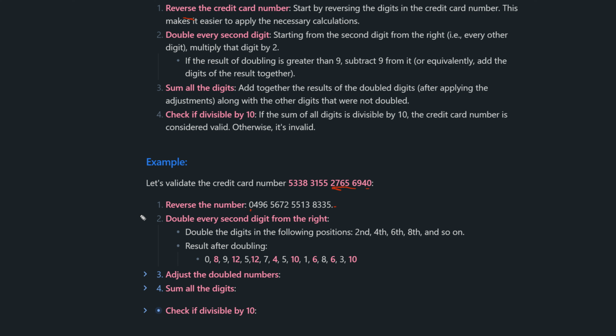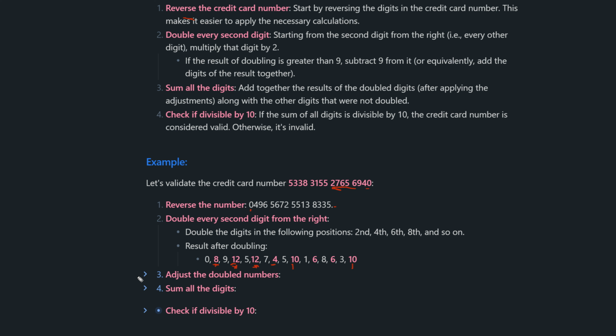So doubling 4, 6, 6, 2 here, and then we can see the result after doubling. Every pink number is doubled, and as we can see here we have 12, 12, 10, 10. So these numbers are greater than 9, and we have to adjust the doubled numbers.